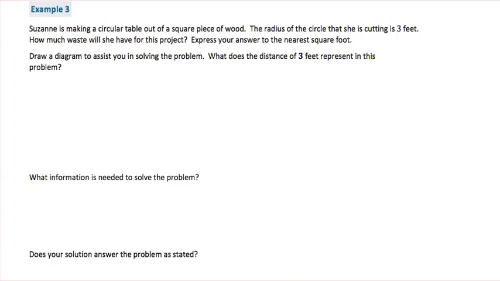So first of all, we should draw a diagram to help us. And I'll start with the circle and then we'll put a square around it. Now I have a circular table. It's being cut out of a square piece of wood. The radius of the circle is 3 feet.